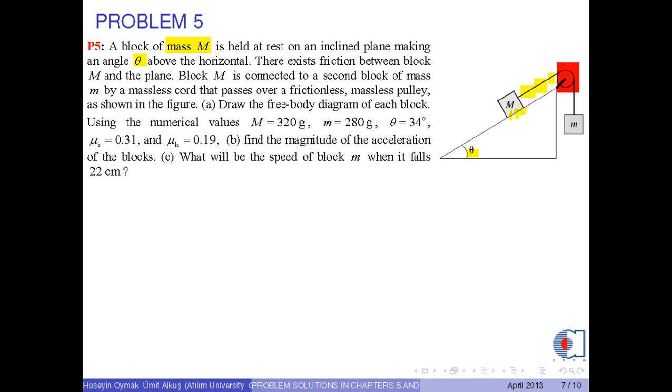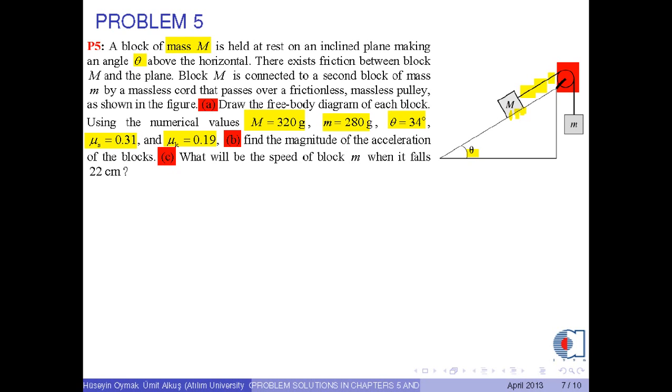In part A, we will draw the free body diagram of each block. In part B, we will find the magnitude of the acceleration of the blocks using the numerical values: capital M equals 320 grams, small m equals 280 grams, angle theta equals 34 degrees, coefficient of static friction μs equals 0.31, and coefficient of kinetic friction μk equals 0.19.